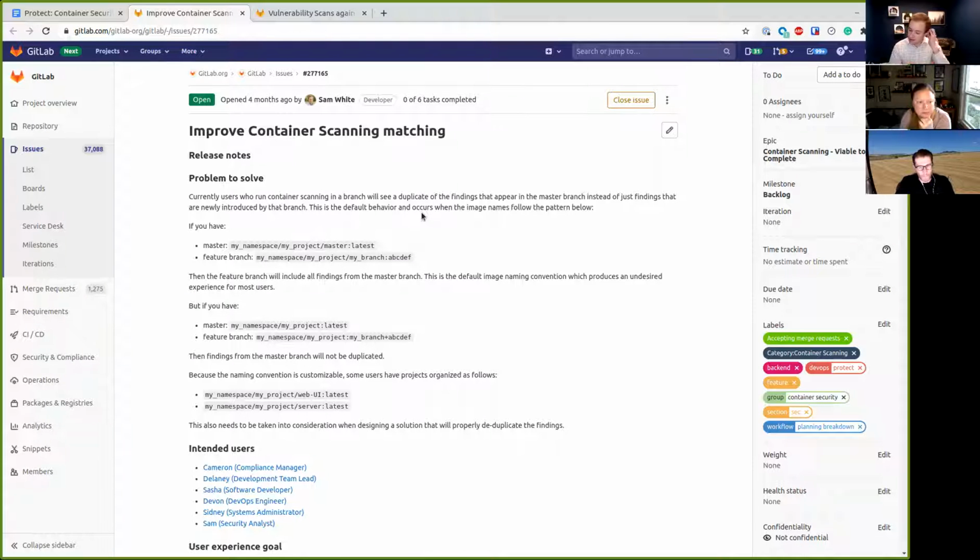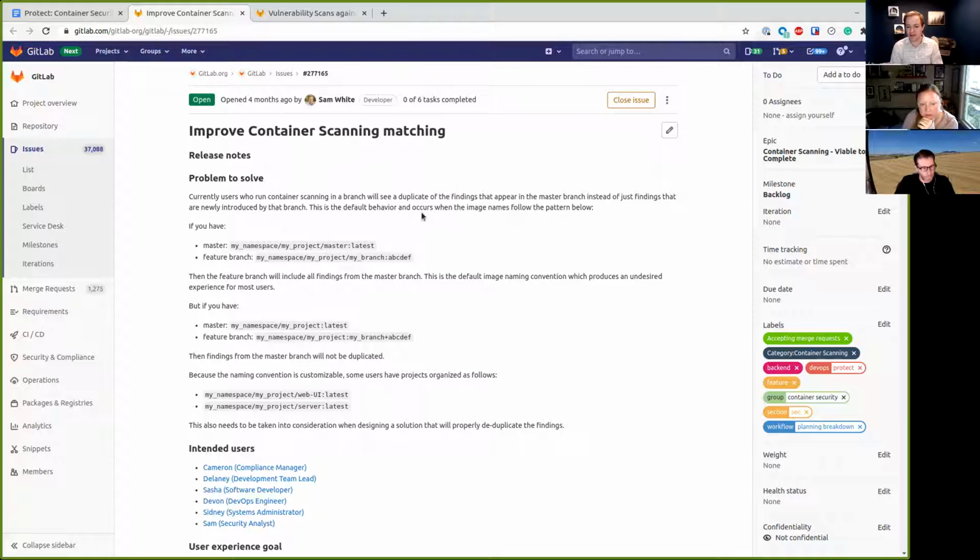When you do a scan, or when you create a merge request against the default branch, it will take all of those vulnerabilities, compare them to the vulnerabilities that have already been resolved in the default branch, and it won't show those in the MR because it's trying to only show vulnerabilities that are new. However, depending on the customer's branching strategy, the way we're doing that matching today works for some users, but for others it doesn't. And again, it just depends on their naming structure and their branching strategy.